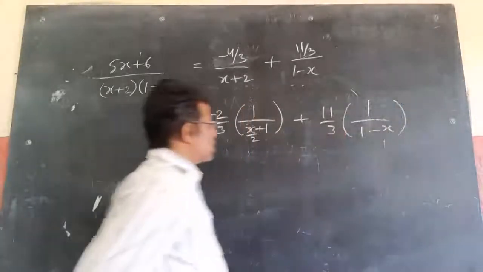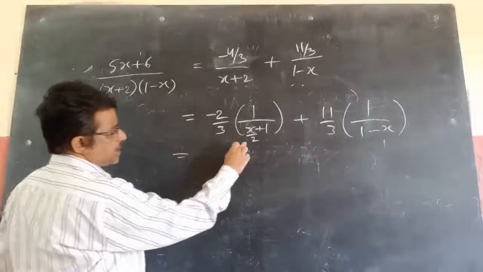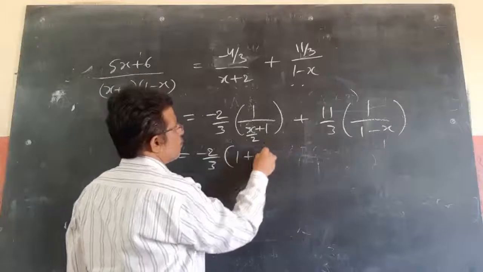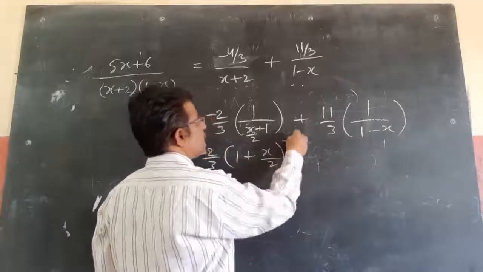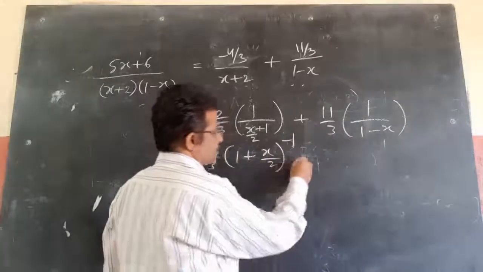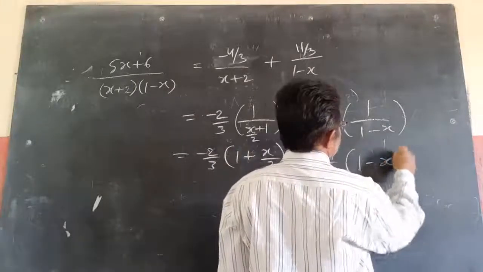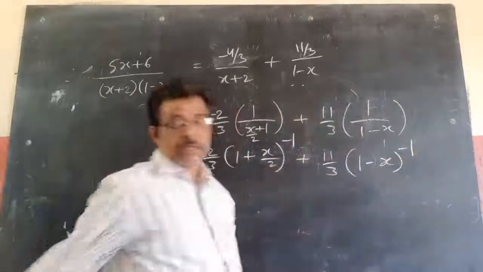x. Now, if I bring these two numerators, this I can write as minus 2 by 3 into 1 plus x by 2 whole power minus 1, and 11 by 3 into 1 minus x whole power minus 1.